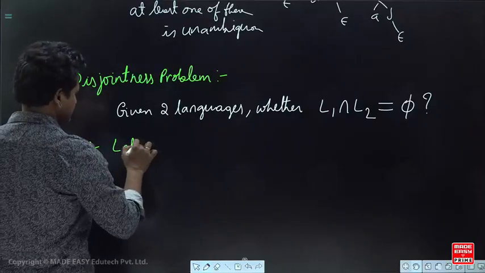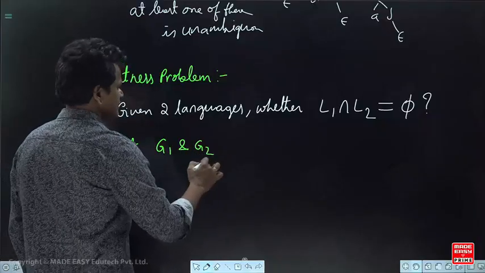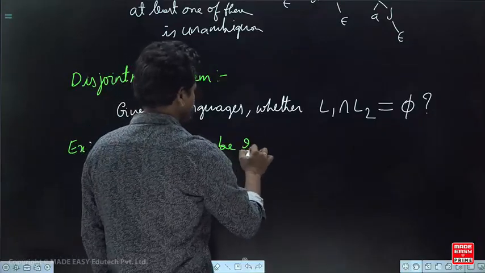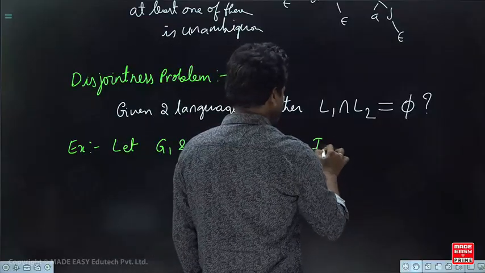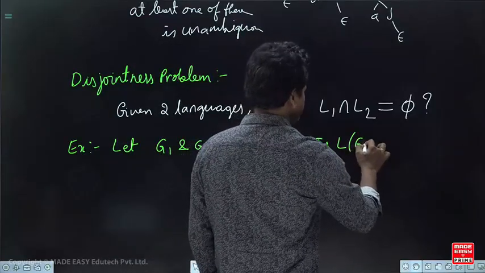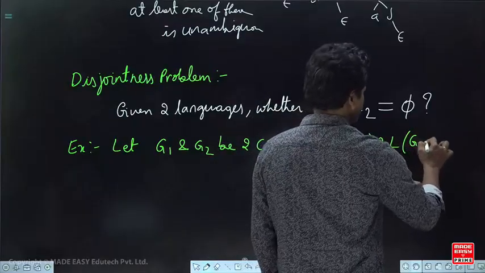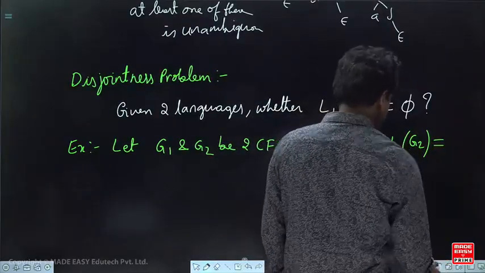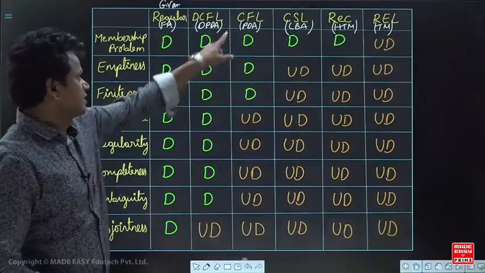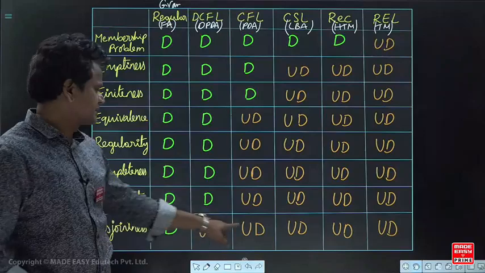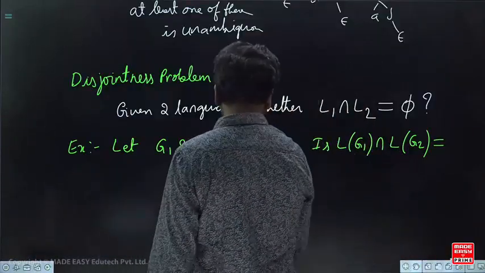Let G1 and G2 be two context-free grammars. Is L of G1 intersection L of G2 empty? The disjointness of context-free languages or context-free grammars is undecidable. Except regular, everything is undecidable.